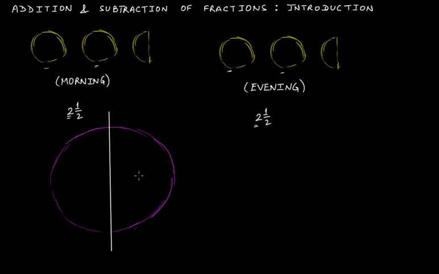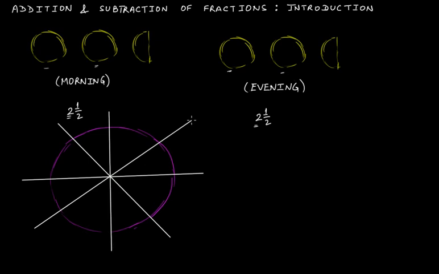Assume that it has been divided into 2 equal parts, then again into another 2, so it will make 4. Then another 2, and then this.